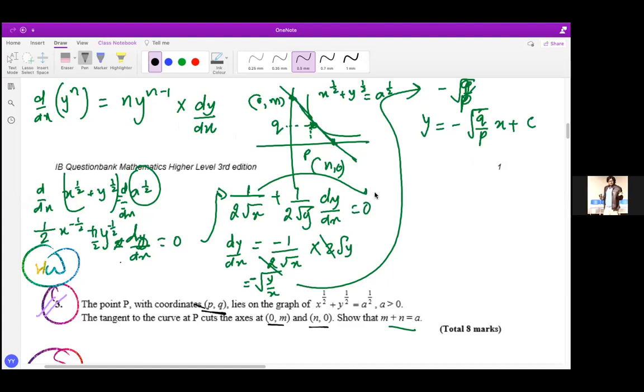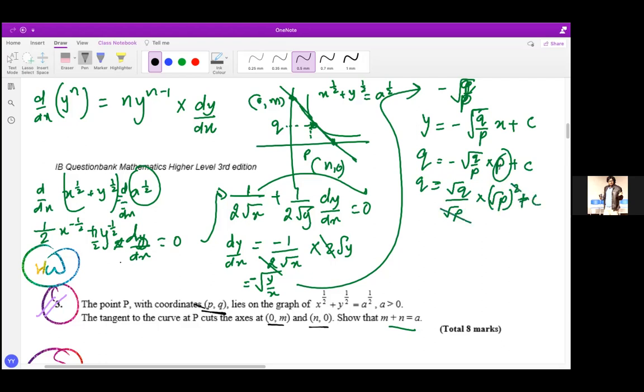So now what do we do after this is, you're going to plug in the x coordinate as p and the y coordinate as q. So plug in q equals negative root q by p times x, which is nothing but p, plus c. So it'll become q equals root q over root p, and I can write this p as root p the whole square, plus c.